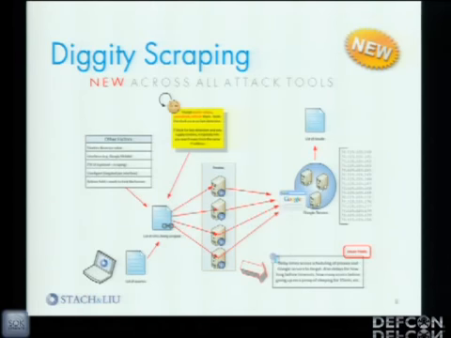I spent quite a bit of time trying to make it so that you can do thousands and thousands of queries against Google scraping effectively. And we built that into the actual engine for all the tools now, so it's all completely free.